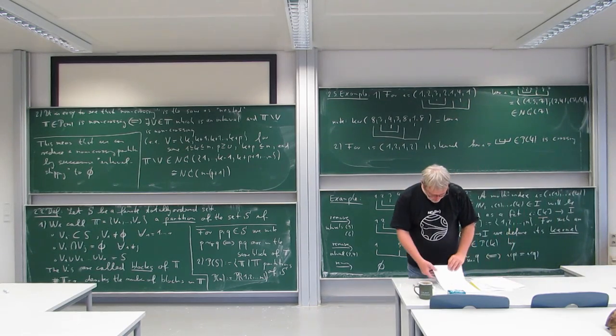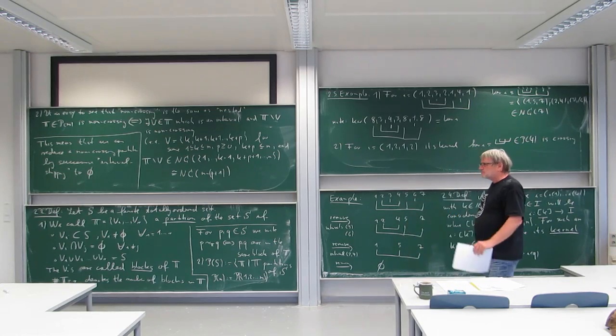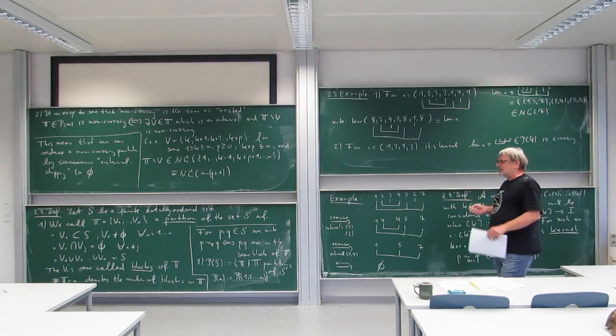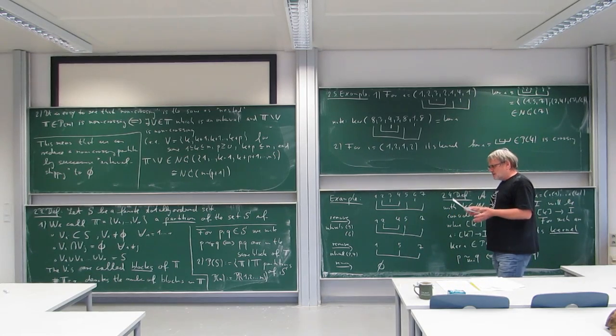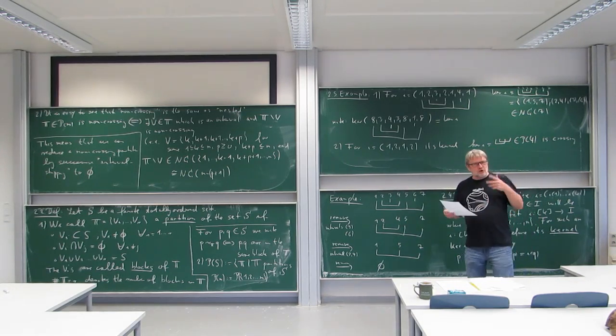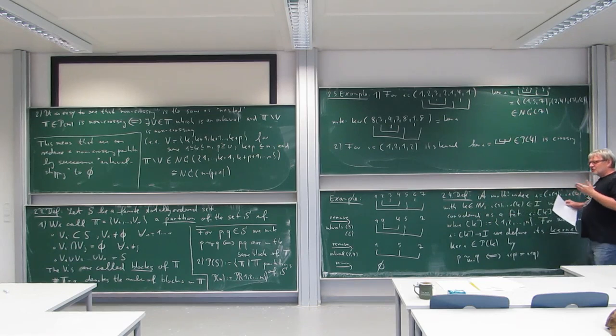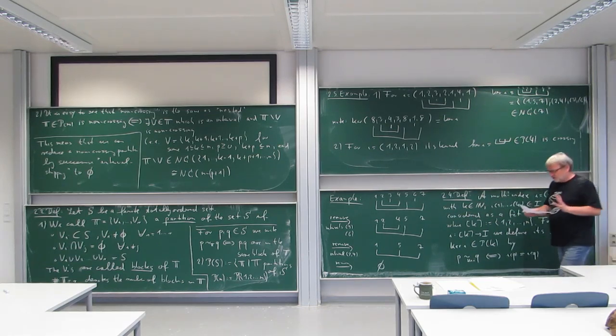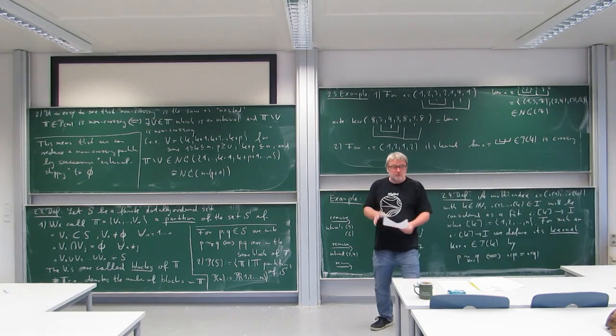Okay, and maybe in this language we can formulate again what we have seen before, namely that at least for non-crossing, if the kernel of our indexing set is non-crossing, then we have a nice factorization. So let's again do what we already know.